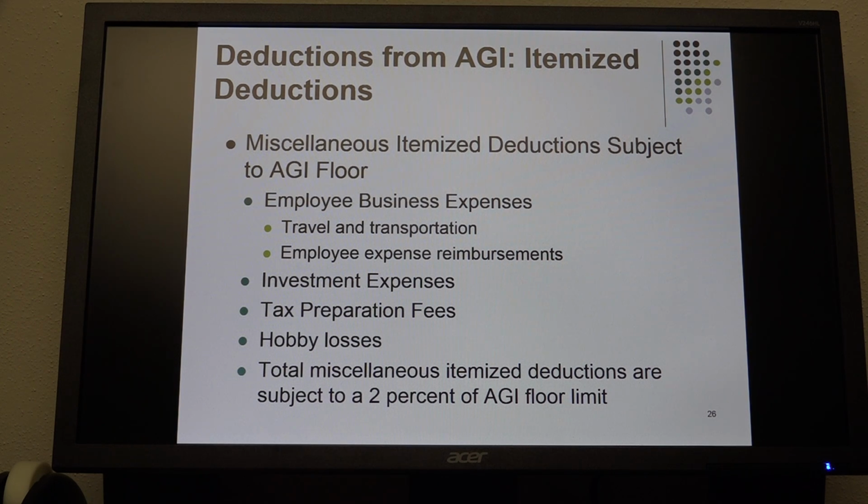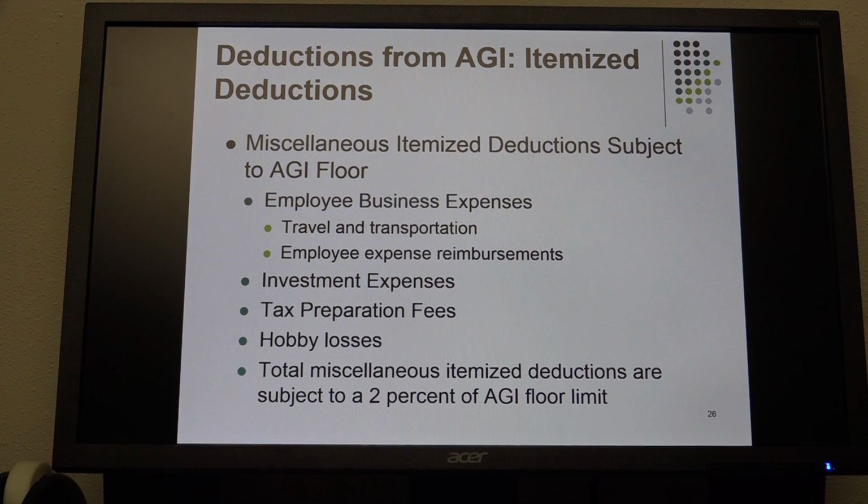Notice that there are several types of employee expenses that are restricted. The cost of job hunting is restricted only to those job hunting expenses that qualify when the job is in the employee's current trade or business.